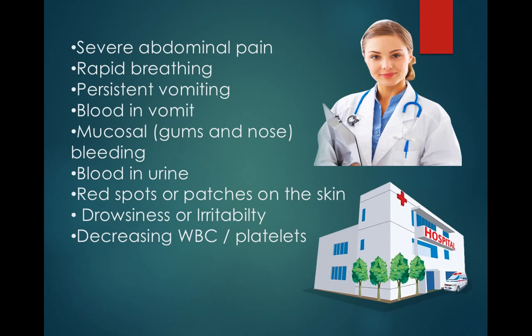Severe abdominal pain, rapid breathing, persistent vomiting that is not stopping, blood in vomit, mucosal bleeding from gums or nose, blood in urine or red colored urine, red spots or patches on the skin, drowsiness or irritability, and decreasing WBC, white blood cells, especially if platelets are decreasing.